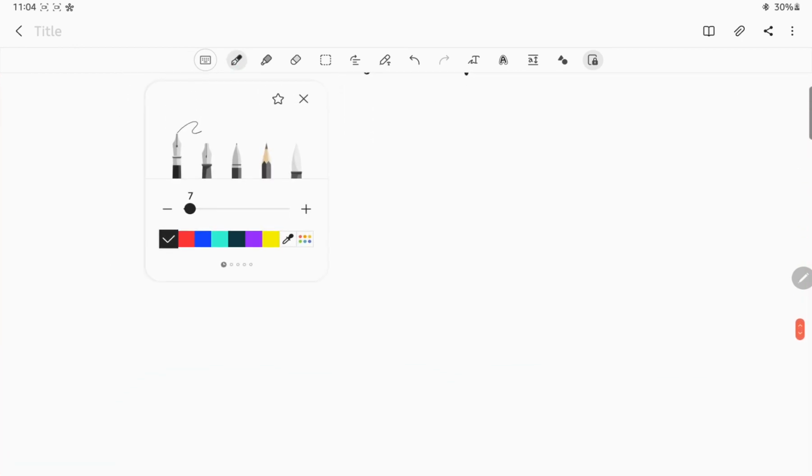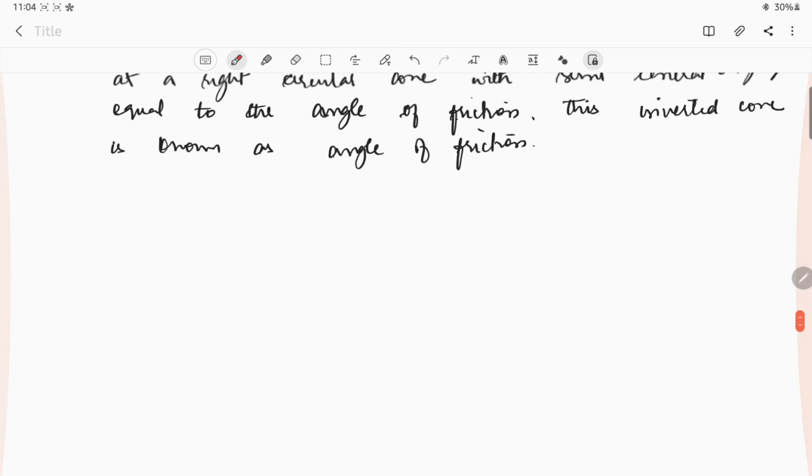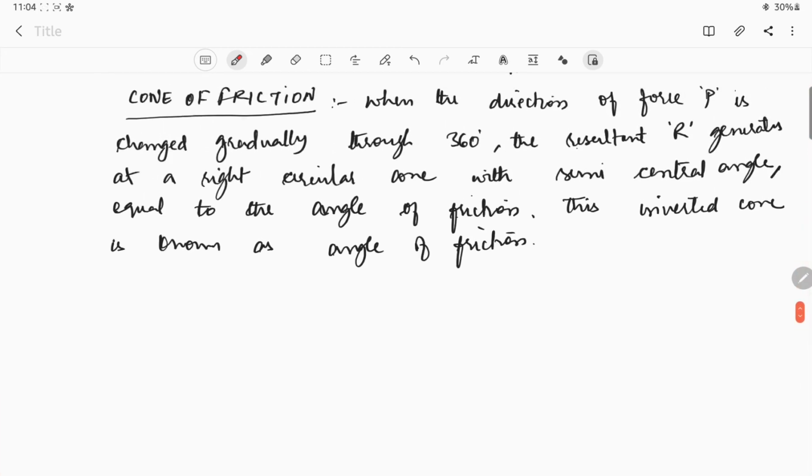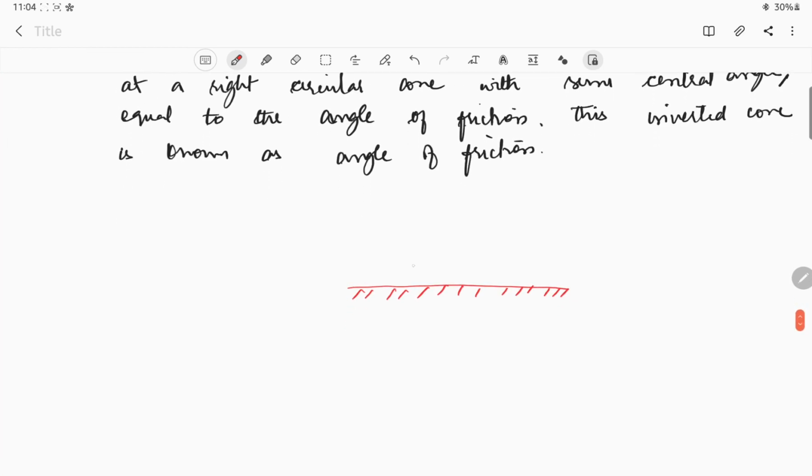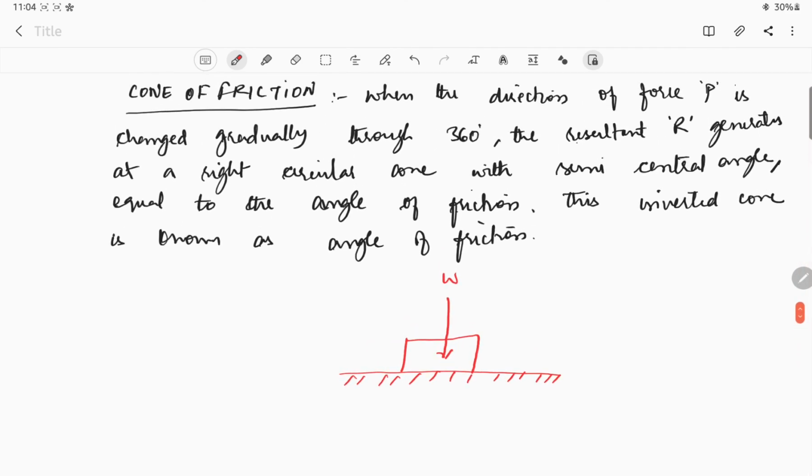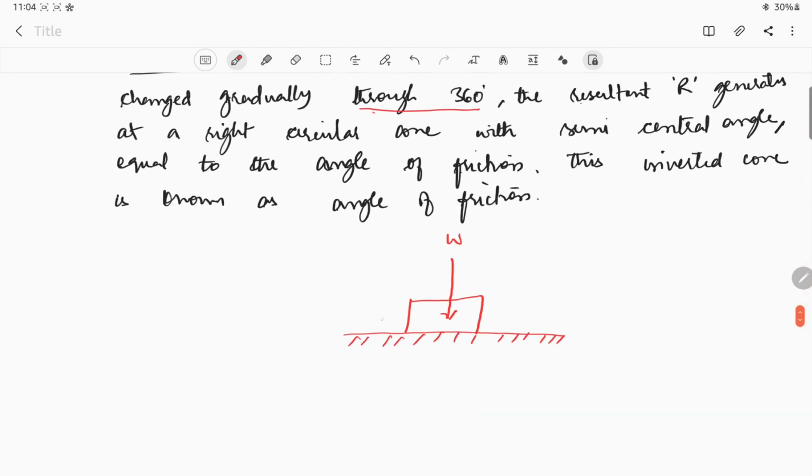I'll draw the figure once again here to understand things very carefully and clearly. This is my horizontal surface, and here is the block, this is W. When the applied force P is changed gradually through 360 degrees, at one time it was placed here, another time it was placed here. We have gradually changed the direction of the force through 360 degrees.